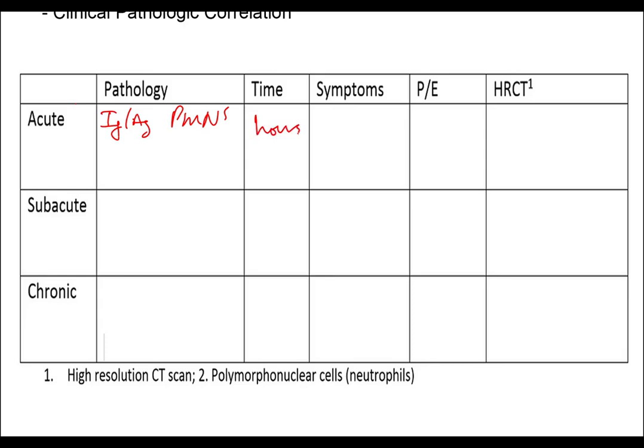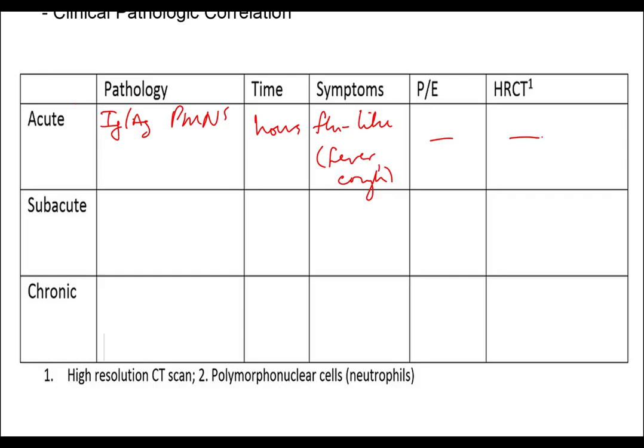And the symptoms are going to be acute inflammatory, so these are going to be our flu-like symptoms. So that's going to be things like fever, cough. And on physical exam, you're really not going to have much to find. It's acute, and if you took an x-ray, you really wouldn't see anything.